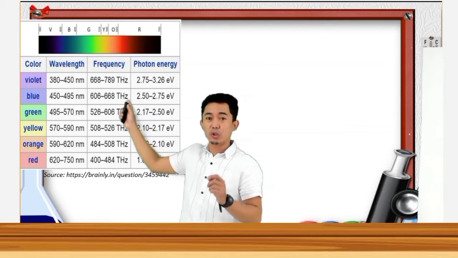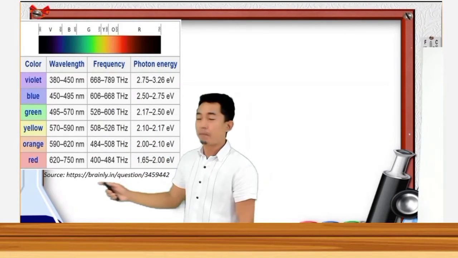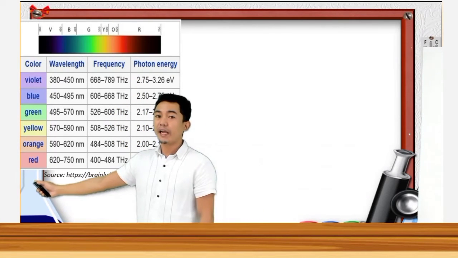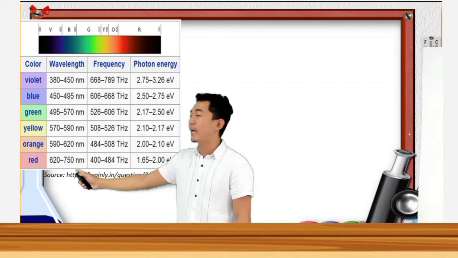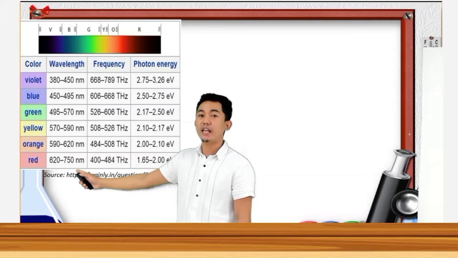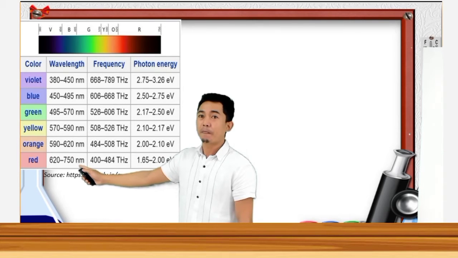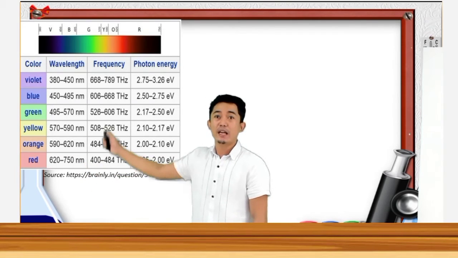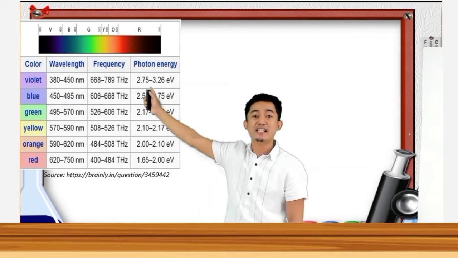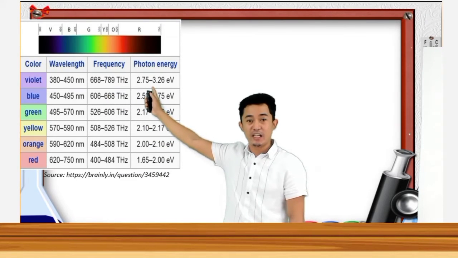Now, I want you to take note of this, class. From red up to violet, if you notice the wavelength, it is measured in nanometers. The shorter the wavelength, the greater the energy. That's why the violet has the highest photon energy here in our topic.